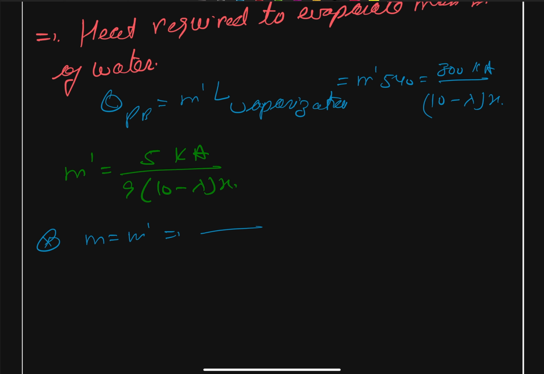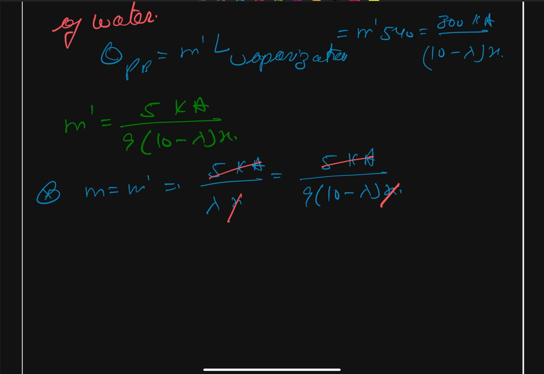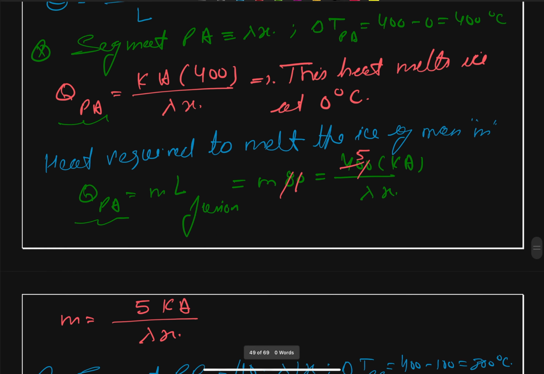Therefore we can write 5 KA lambda x is equal to 5 KA upon 9 times 10 minus lambda times x, and 5 KA x cancels out, so we get 90 minus 9 lambda is equal to lambda. We get lambda is equal to 9, which we were supposed to find out.